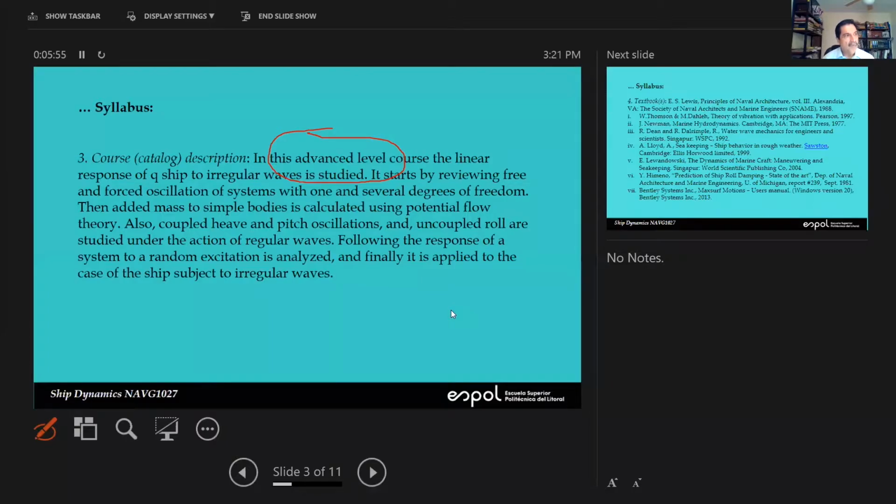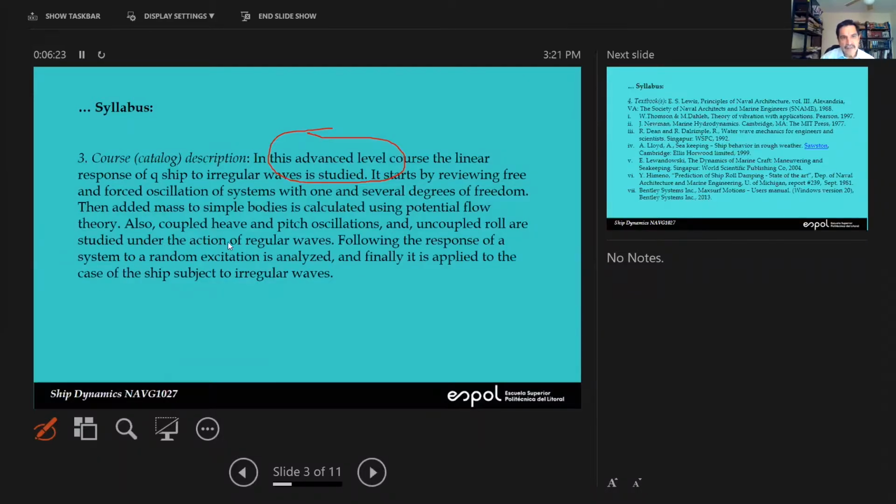And those forces and moments will have to be included in the motion equations in order to calculate the response. Okay, so there is no way we can study ship dynamics if we do not include the hydrodynamic parts. So it's extremely important. Okay, so these are the two chapters which give us the tools that we need.